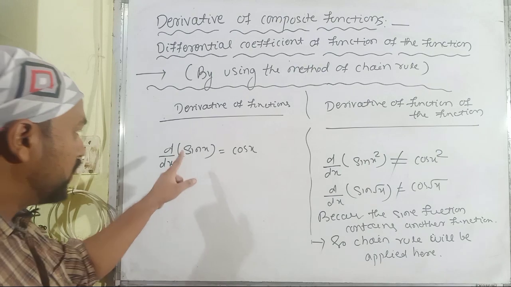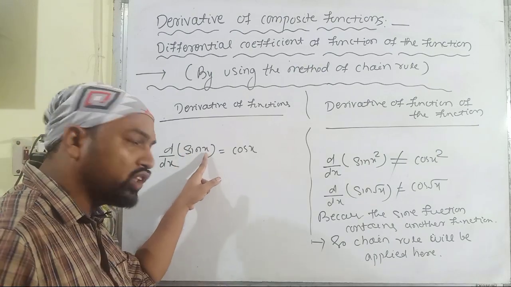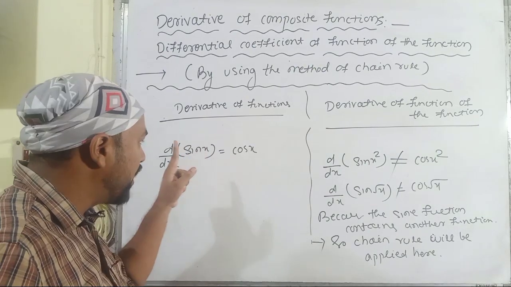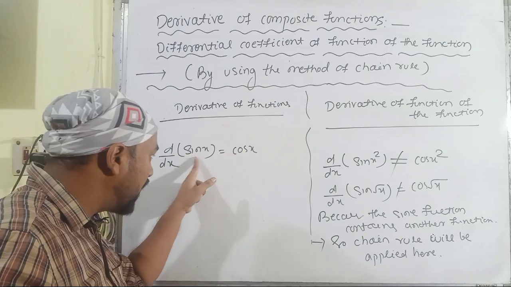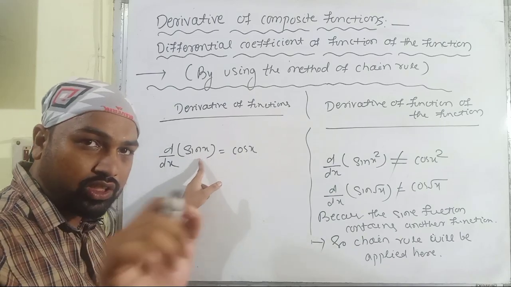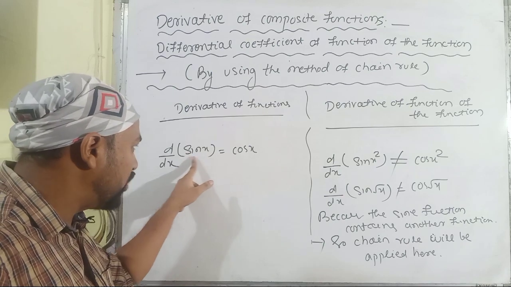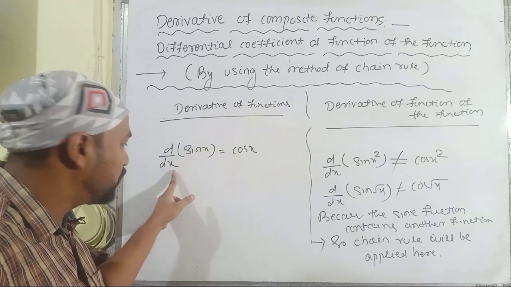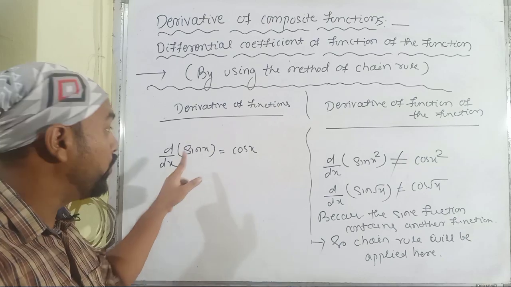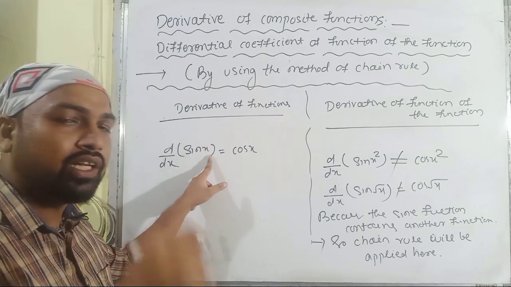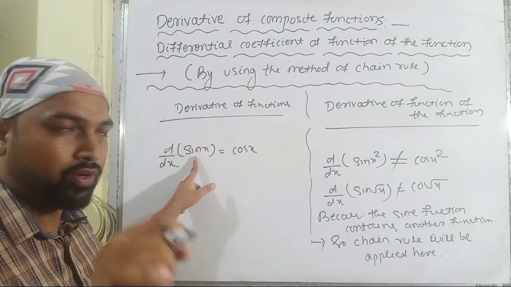Previously we know that the sin function contains the variable x, and we are differentiating that total function. It is a general function. We are differentiating this trigonometric function with respect to the same variable x, which is contained in the sin function.